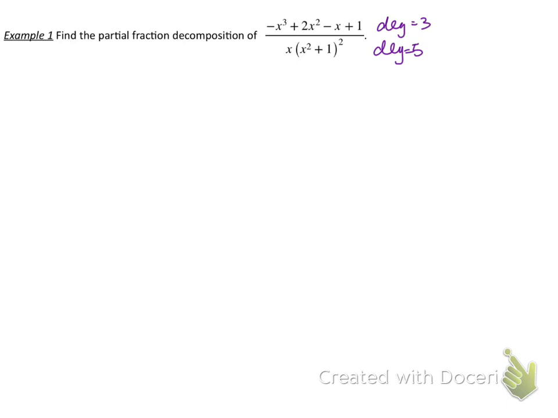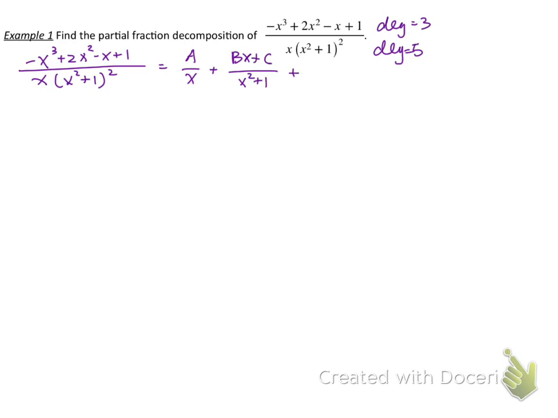So my rational expression will equal, the factors I have are x by itself with an a, plus x squared plus 1, which is degree 2, so it will be bx plus c.